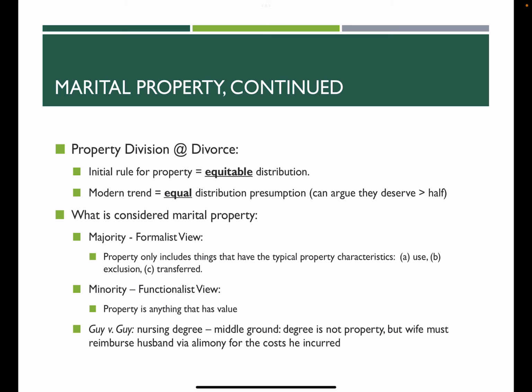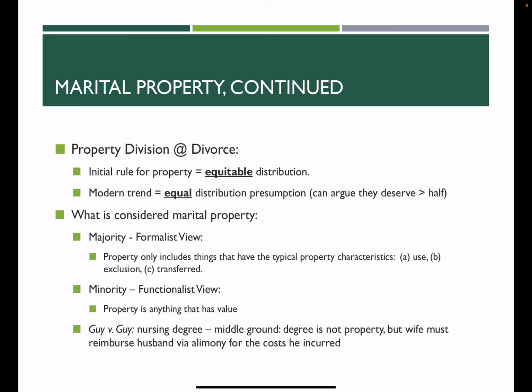Okay, so then we looked at divorce, and the initial rule for property, when it comes to divorces, was equitable distribution, which was essentially asking what a fair distribution was.